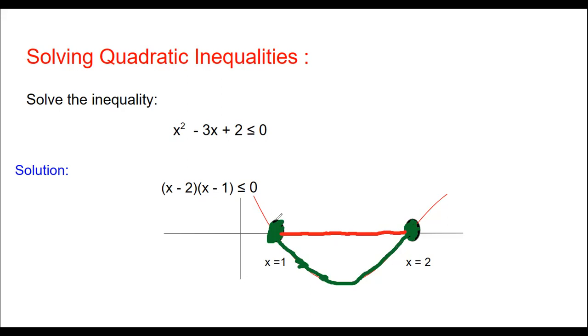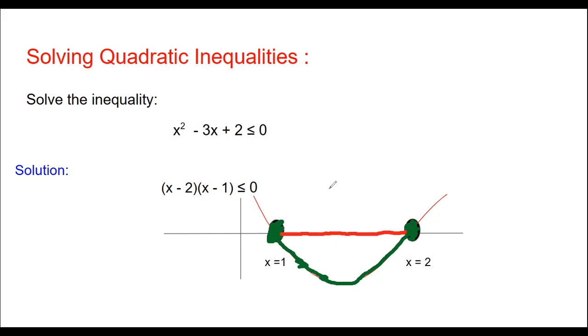And from this, we can see that if you have x greater than or equal to 1, but less than or equal to 2, then it will satisfy this inequality.